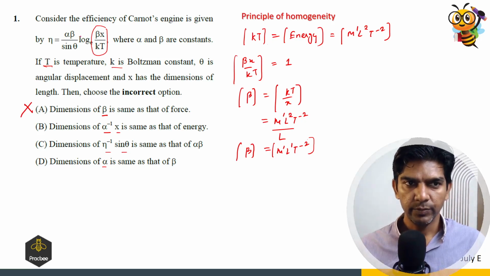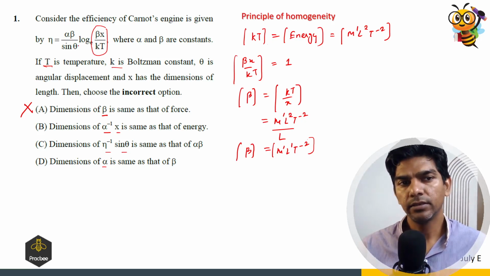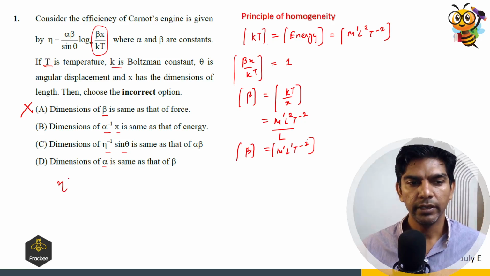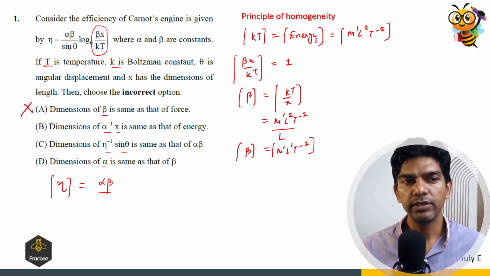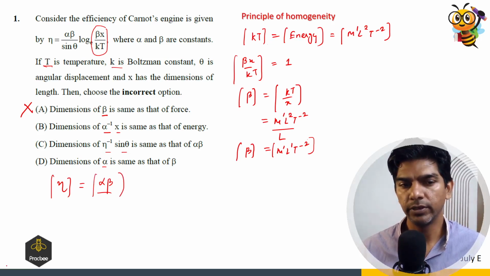Now let us find the dimension of alpha. We got the dimension of beta. Sine theta is again dimensionless. The dimension of eta will be the same as the dimension of alpha beta. Log itself is dimensionless, sine theta is dimensionless, so the dimension of eta will be the same as the dimension of alpha beta.